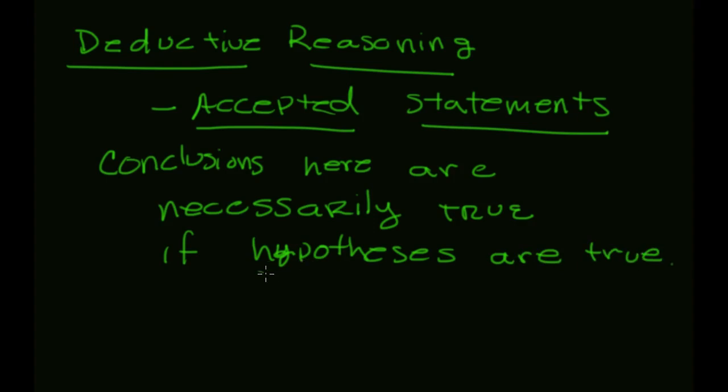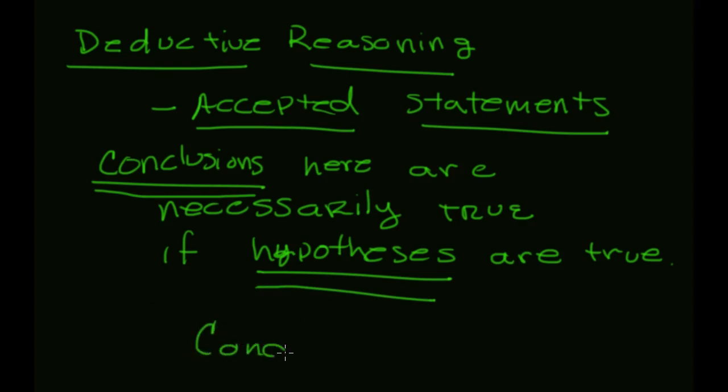So if you have a true hypothesis, then the conclusion must also be true. So these are specialized terms, conclusion and hypothesis. And these are part of what we are going to call conditional statements.